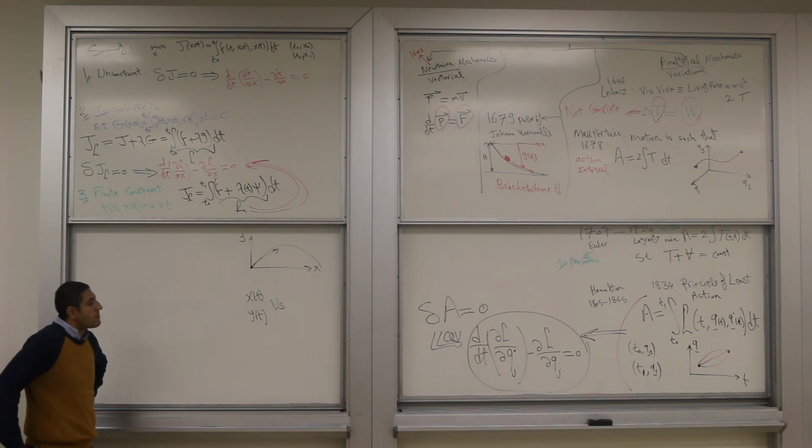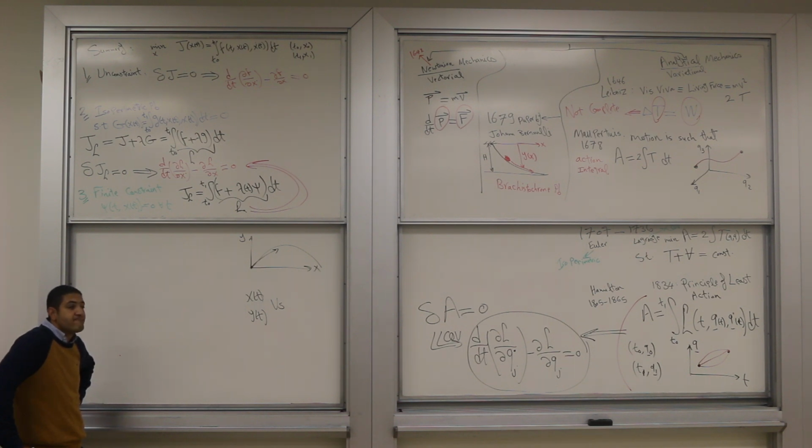Why is mv squared the most fundamental quantity? Because that's the most fundamental quantity for motion. Potential energy is really taken care of here, but I don't know why it's mv squared. If you want to propose mv to the fourth, we can.